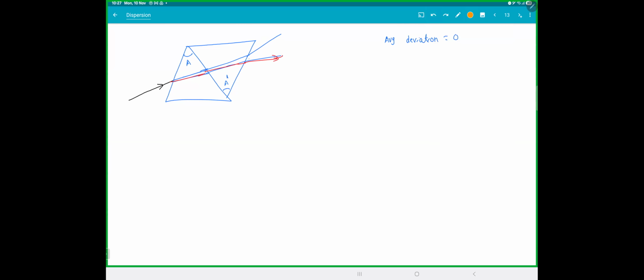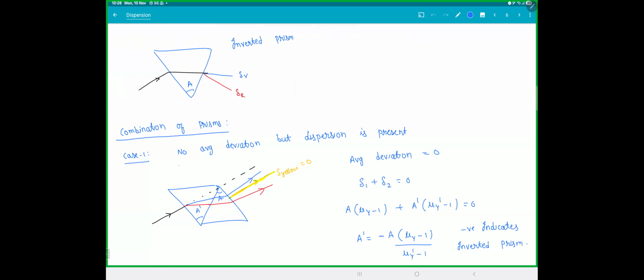But if you take that yellow color, the average, I'm drawing yellow, this yellow light and the initial light ray are parallel. There is no deviation. So that's what we call average deviation. If the average deviation is 0, then this is our first case. This is how it looks. So you have no average deviation, but a dispersion is present.